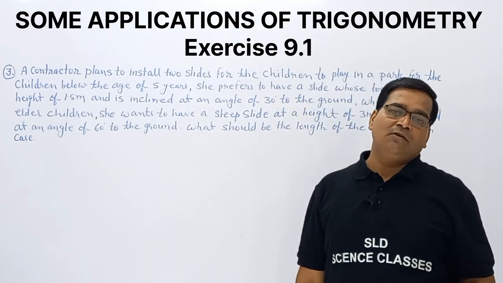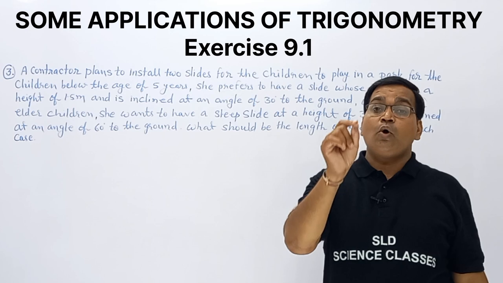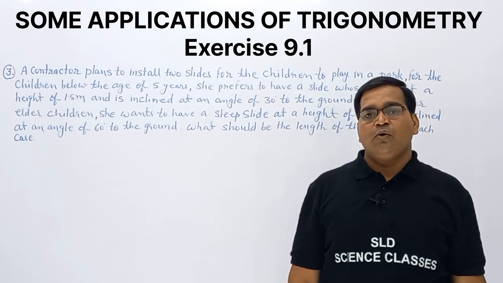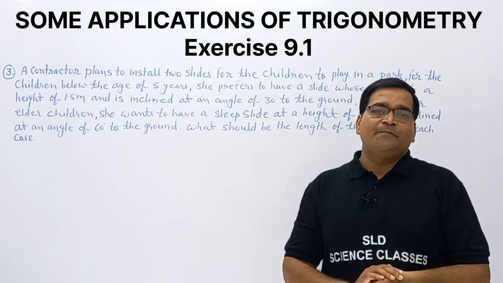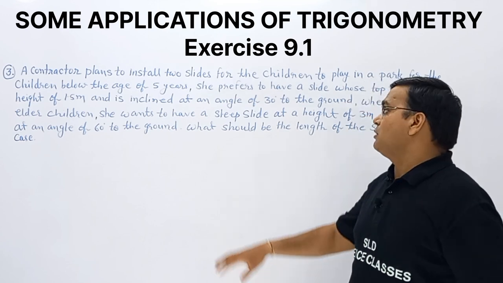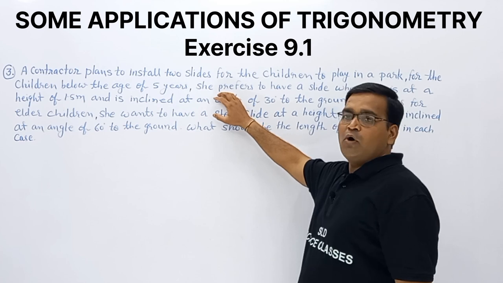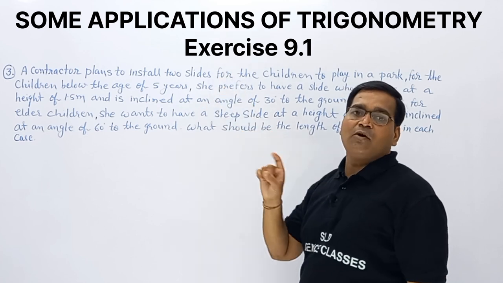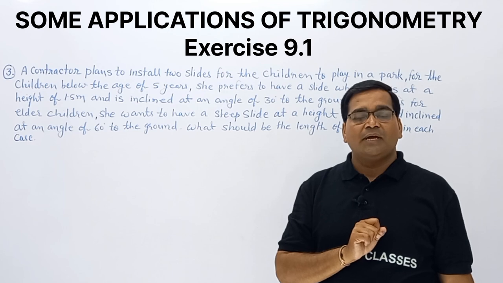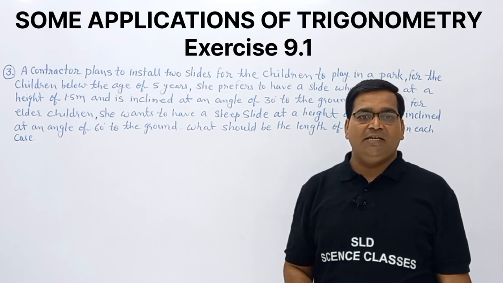The contractor wants to install 2 slides in the park. For below 5 years, the contractor prefers a slide height of 1.5 meters inclined at the angle of 30 degree.